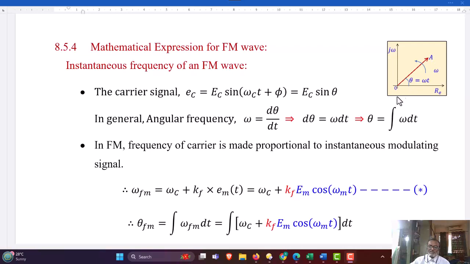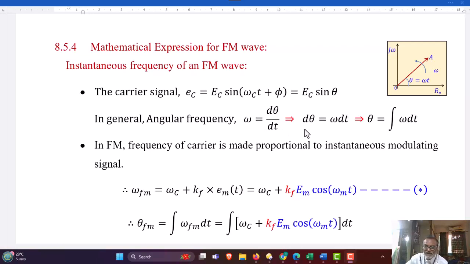A phasor with amplitude A is rotated in the complex plane with the frequency omega. Theta is nothing but the angle shown here. The rate of change of theta, that is d theta by dt, is nothing but the angular frequency omega. So omega is nothing but d theta by dt.